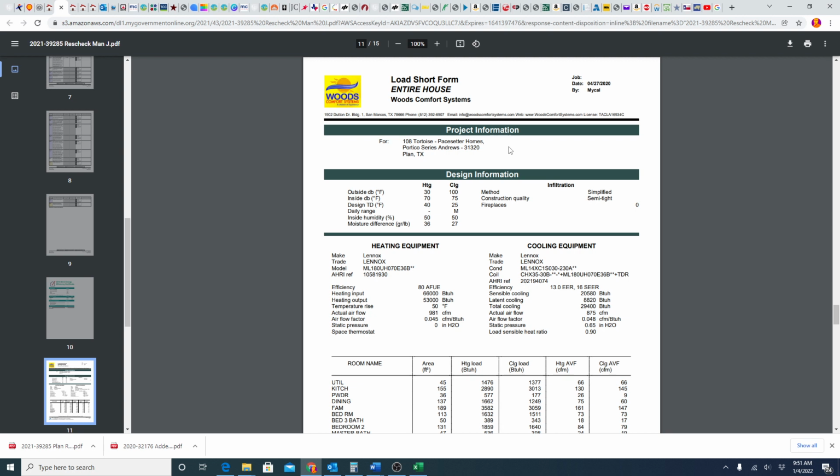And AC has to cycle a minimum of 15 minutes for it to dehumidify a structure. And if the AC is too large, it won't cycle, it'll short cycle, it'll wear out, the AC system will prematurely fail, you'll have indoor comfort issues, and you'll most likely have mold and moisture issues. Manual J's are one line of defense that keeps that from happening.